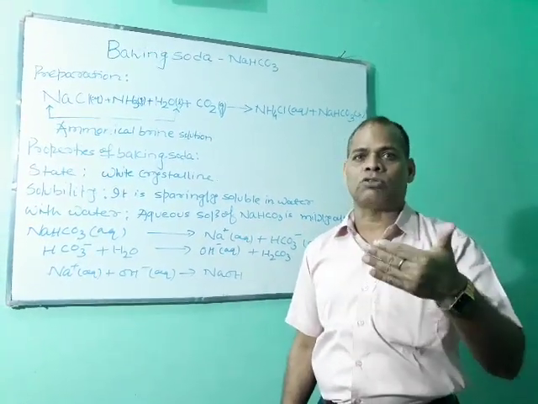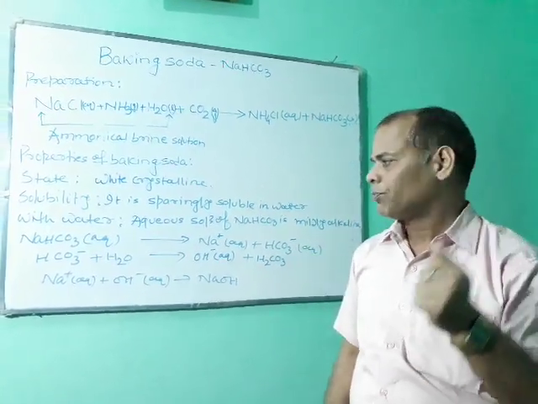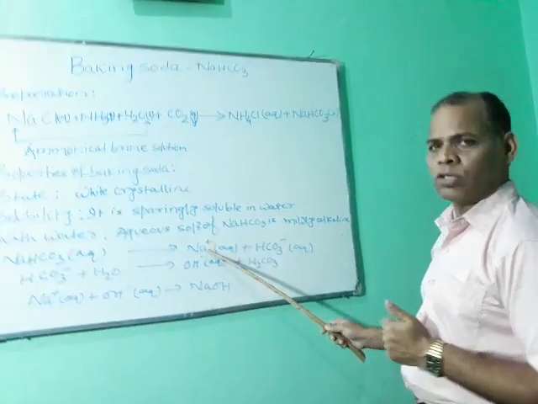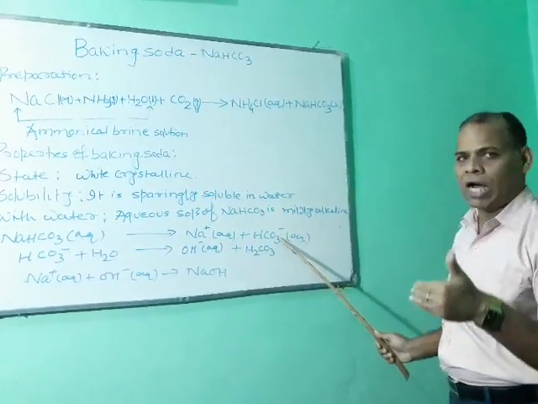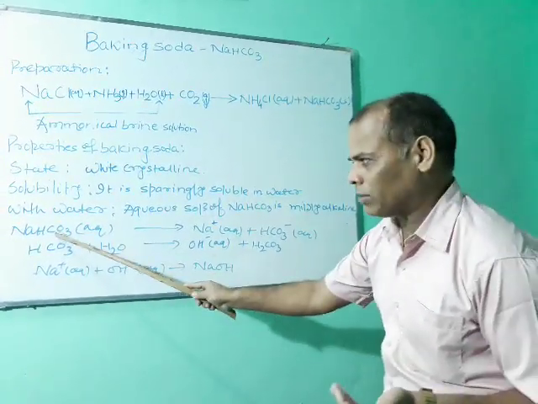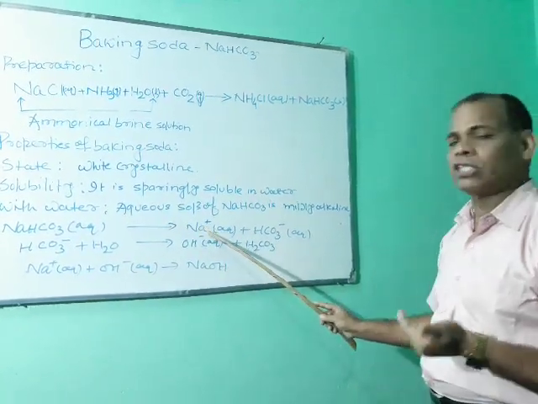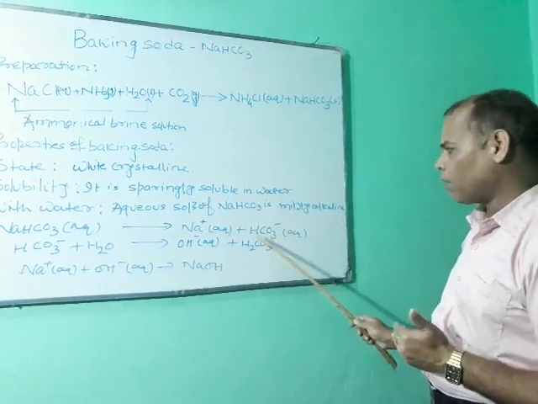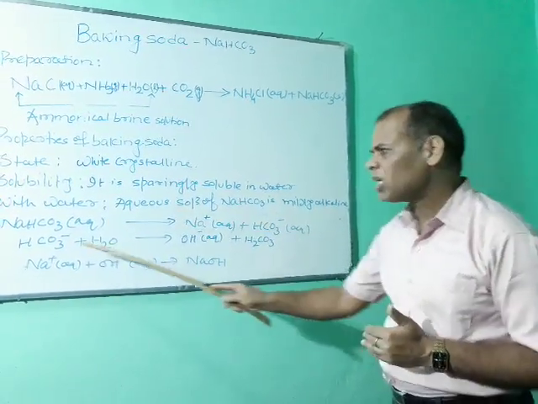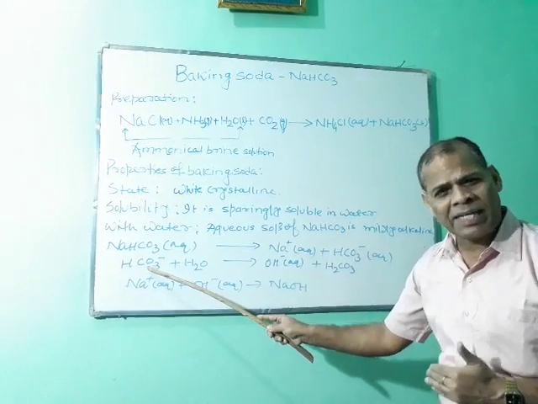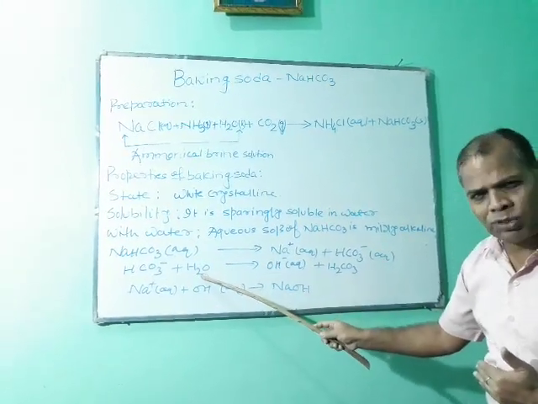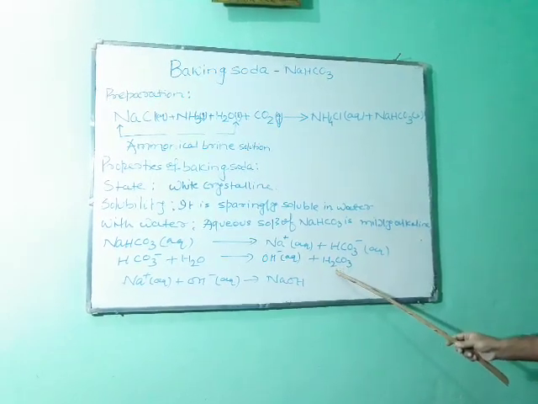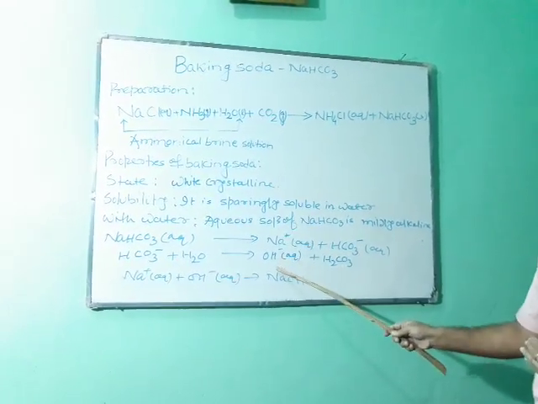Let us try to understand the mechanism. First of all, sodium hydrogen carbonate dissociates into sodium ion and hydrogen carbonate ion, or bicarbonate ion. Now, bicarbonate ion combined with water forms carbonic acid and hydroxide ion.